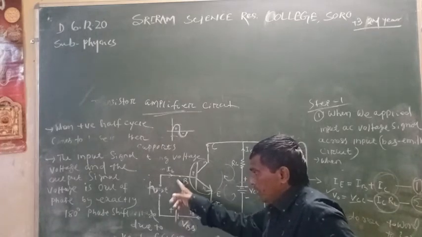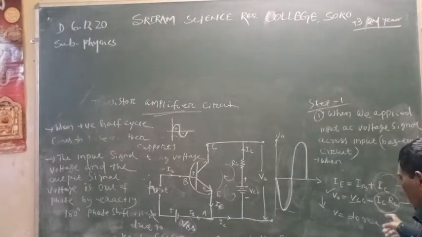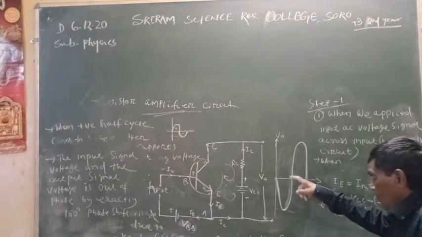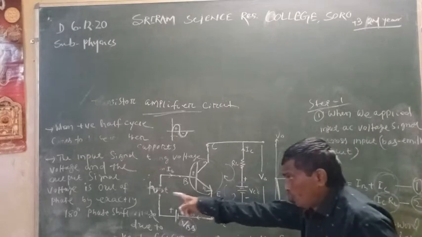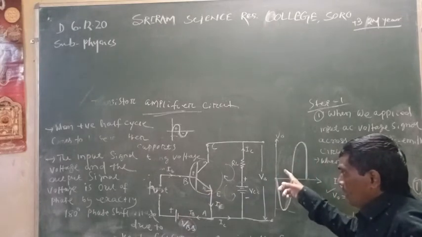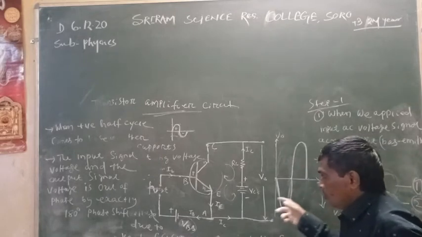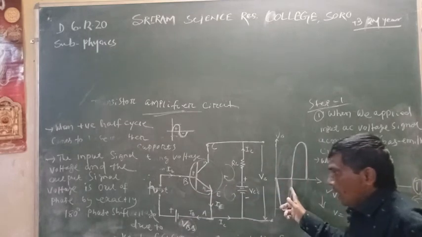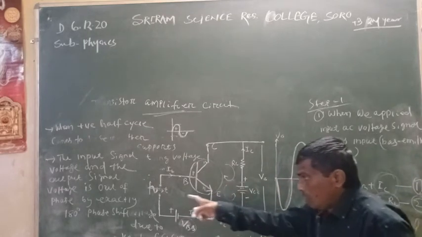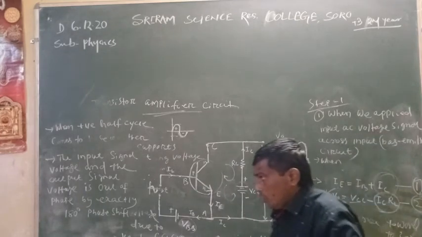When biasing voltage decreases, the collector current also decreases, so V naught will be increased. Now comparing the input supply voltage and the amplified output signal voltage, these two signals have a reversal phase shift, exactly 180 degrees with each other.